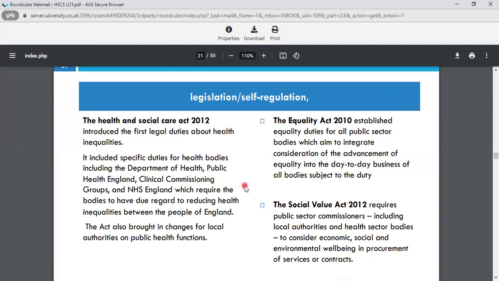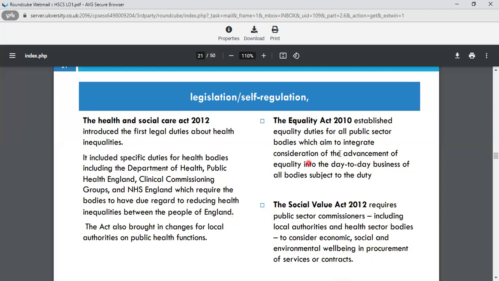So this included the Department of Health, Public Health England, clinical commissioning groups, the NHS England, which requires the bodies to have due regard to reducing health inequalities between the people of England. This Health and Social Care Act 2012 also brought in changes for local authorities on public health functions.